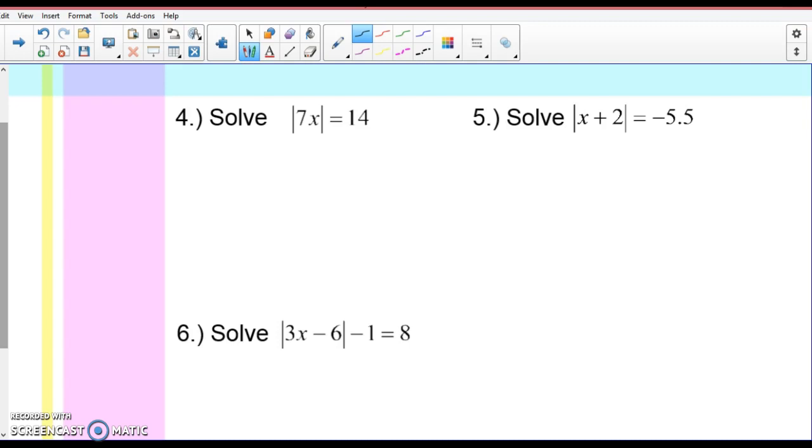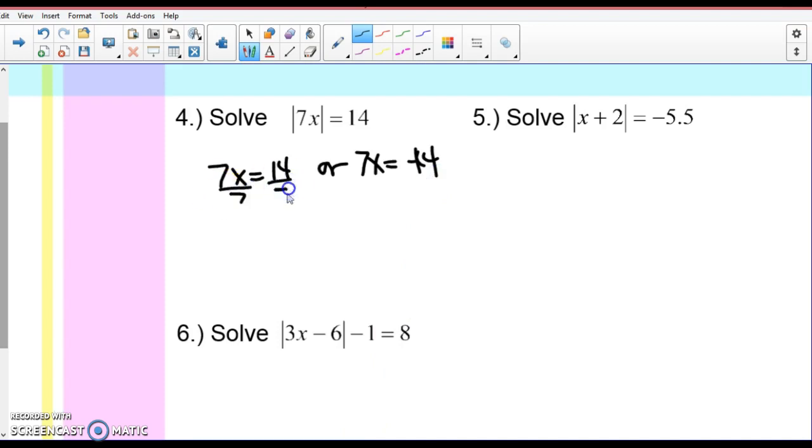Is the absolute value already isolated? Yes. Absolute value is by itself. Who can give me the 2 equations that I would write to solve this? Negative 14.